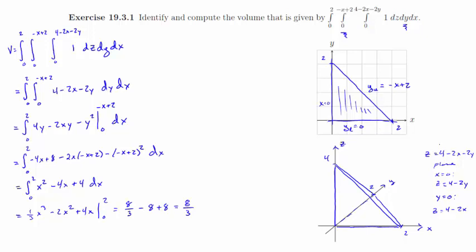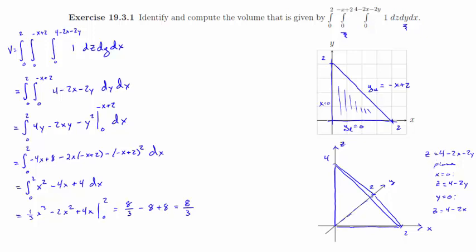Now, to look at this in 3 dimensions, we have z equals 4 minus 2x minus 2y. I'm going to start by drawing, well, I don't want to quite draw this again. As I said before, this projection may be something that we're seeing above the xy plane, not on it.